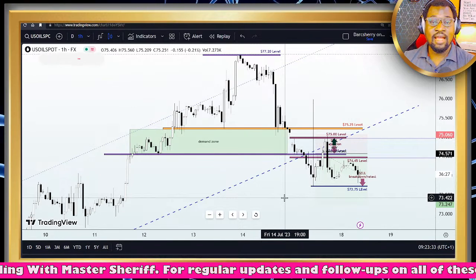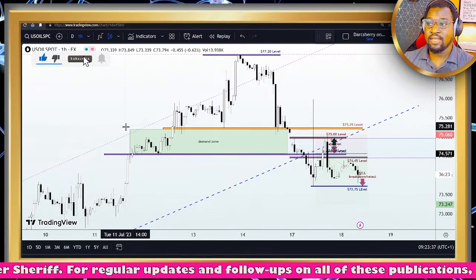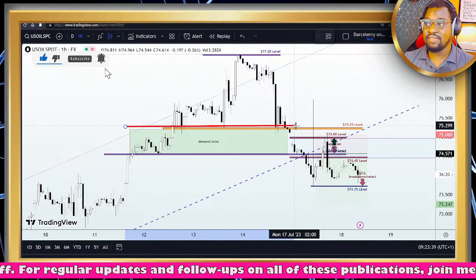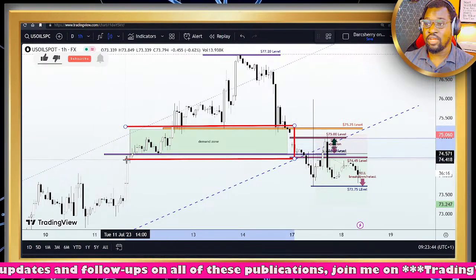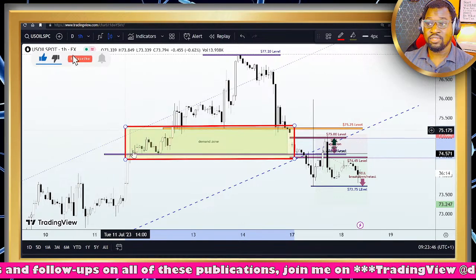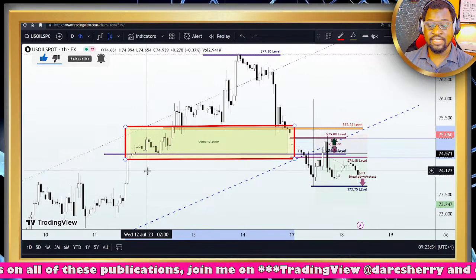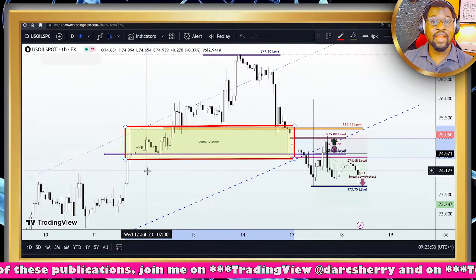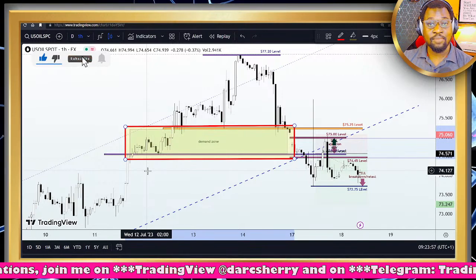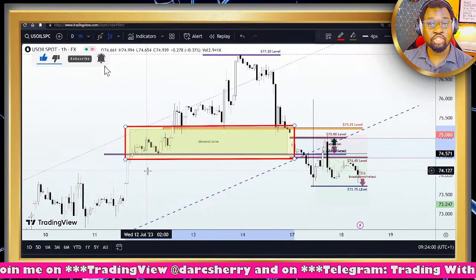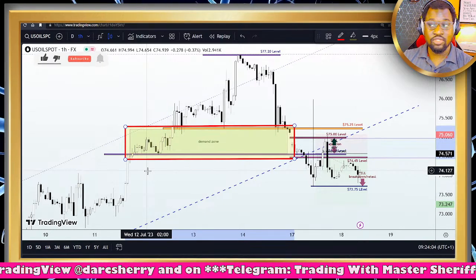One key element to this current market structure is that demand zone situated between the $75.25 level and the $74.50 area, to give us a platform that we could look out for buying opportunities. So this was our expectation at the beginning of the week, looking out for buying opportunities above that area, maybe double bottom structures, reversal patterns, or market structures that would support a trend continuation.